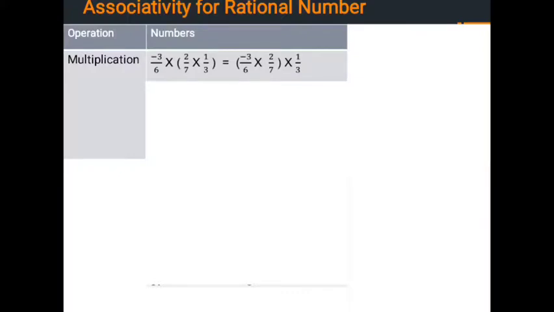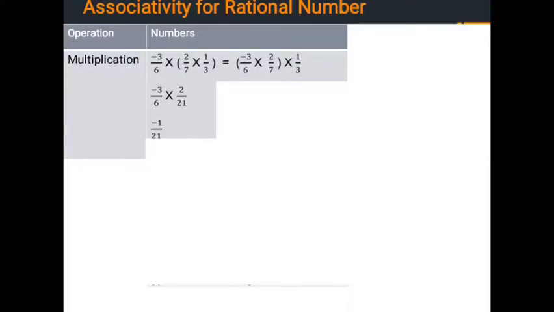So we will have negative 3 upon 6 multiplied by 2 ones are 2, 7 threes are 21. So you simplify this still further. 2 and 6 will get cancelled, 3 and 21 also will get cancelled. So we have negative 1 upon 21.